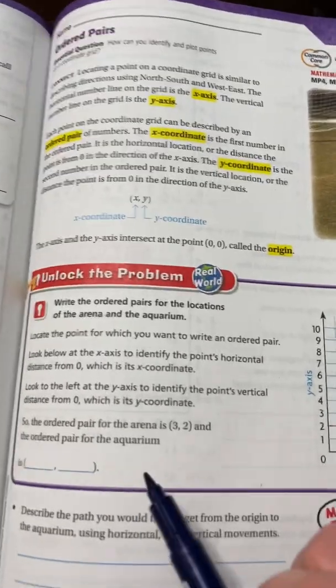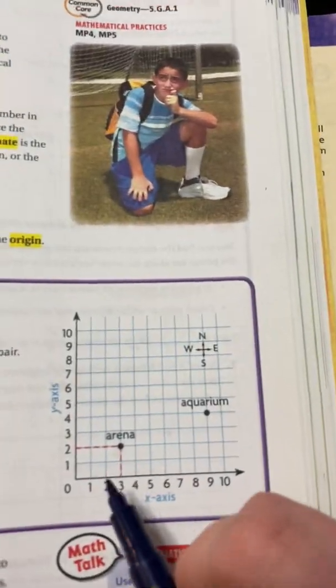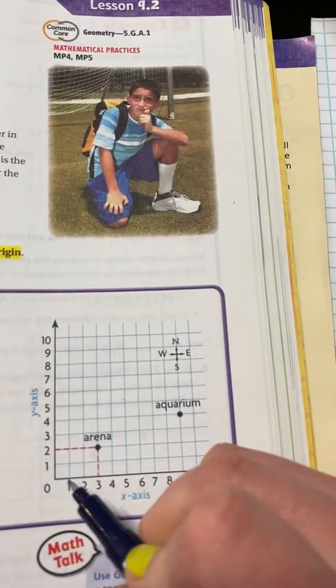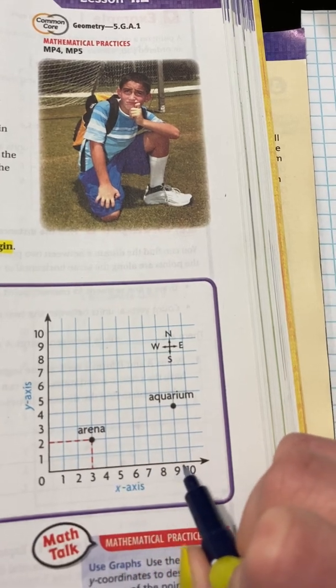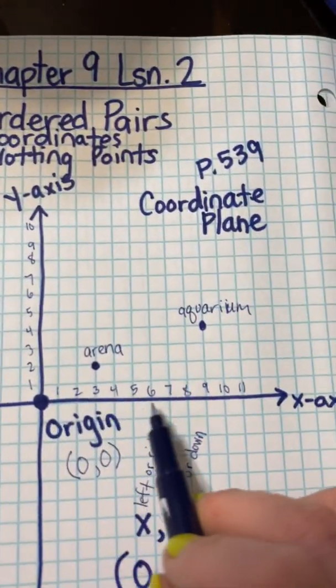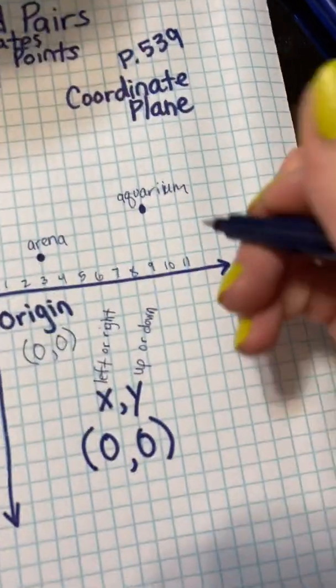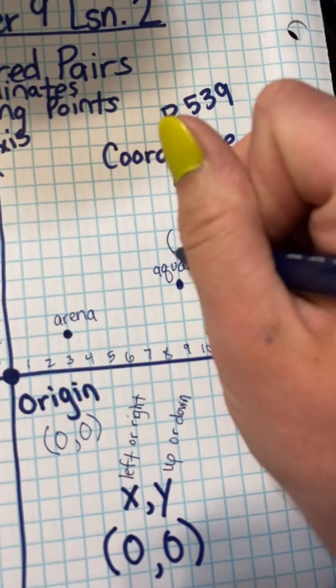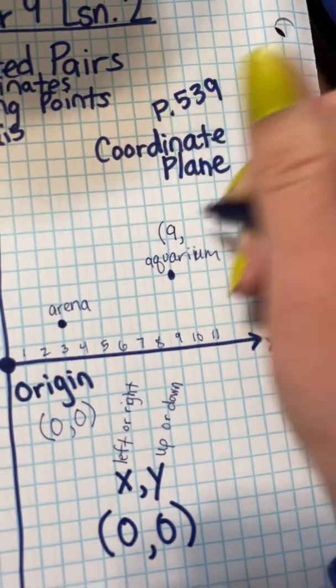So if I'm trying to find the aquarium, first remember, there's the parentheses there. All you have to do is count, starting at 0. How many do I have to go over? Oh, 9, right? So if you look, the aquarium, 9 over. I'm going to write it above it. 9 over, that's your first number.